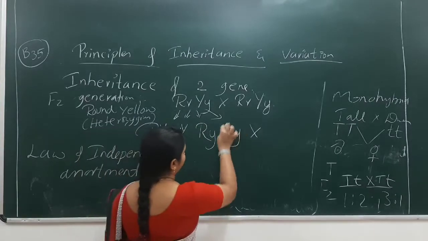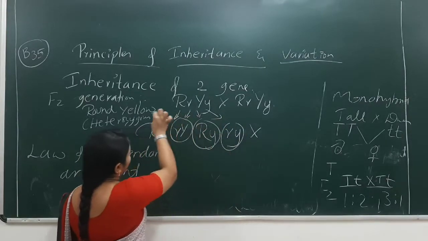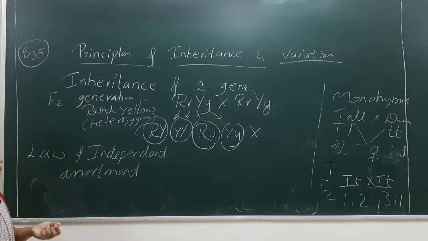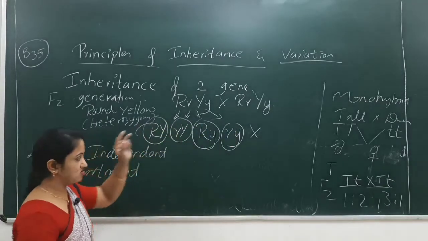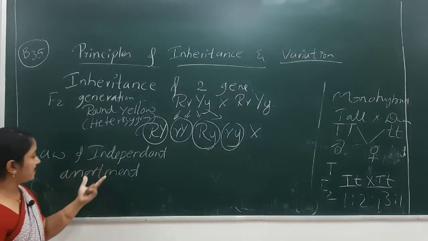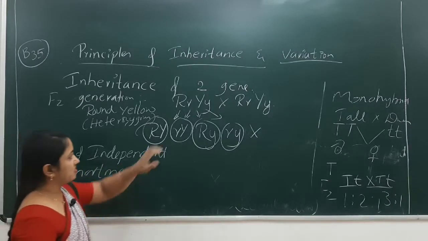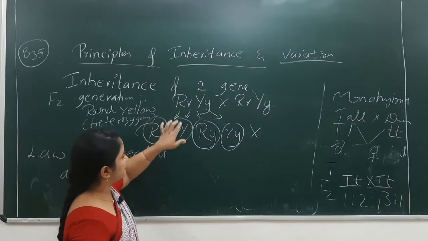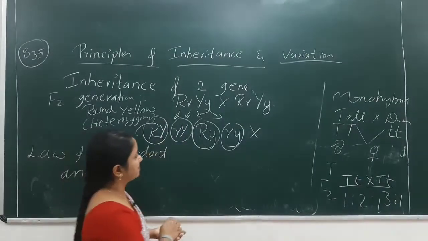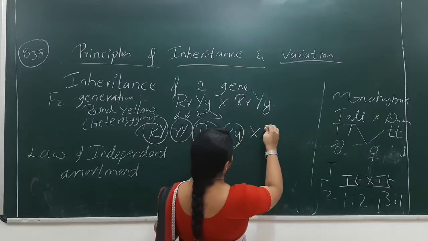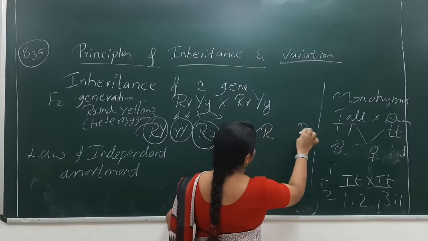So, what I am putting in the circles, these are all the gametes. That law states the law of independent assortment. All the factors segregate individually. Likewise, here also I will write the same thing.